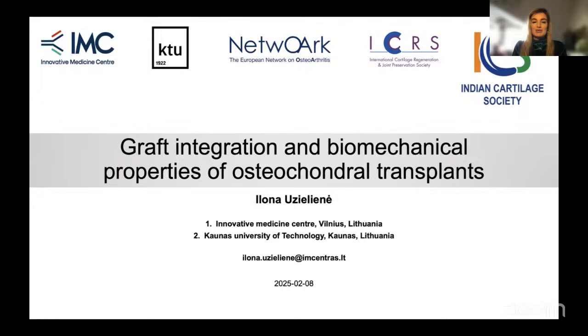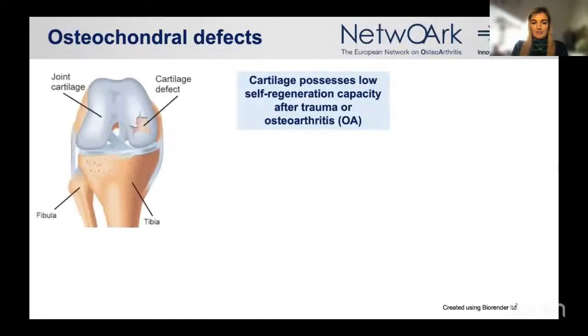Today I will speak not only about the OATS, but about different types of biomechanical properties and the grafts that are being used inside the clinics and that are being developed in clinical universities or research institutes. First, I will start with the problem of osteochondral defects. We all know that cartilage has a very low ability to self-regenerate, so a defect inside the cartilage causes a lot of trouble.